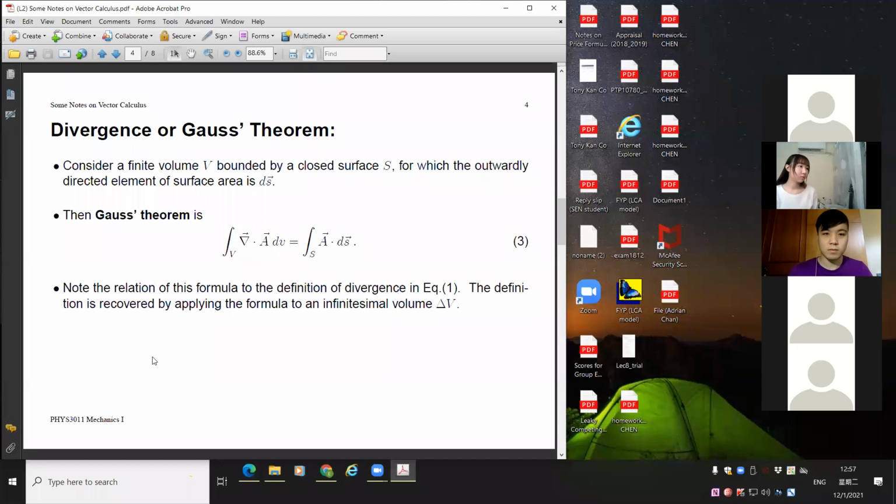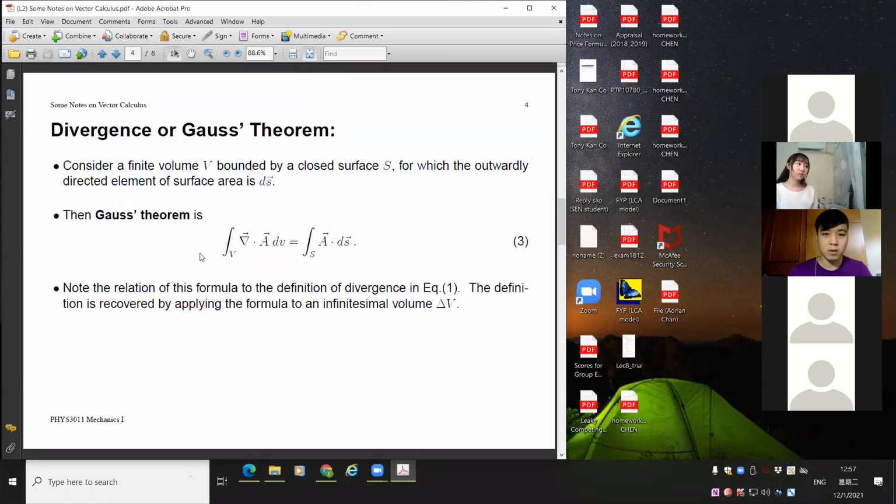A famous theorem, Gauss theorem. If we have a divergence of A, then we integrate over a volume containing the A. This volume integral is the same as this surface integral, the dot product between the vector A and the surface element dS as the integrand, and then we integrate over the whole closed surface.